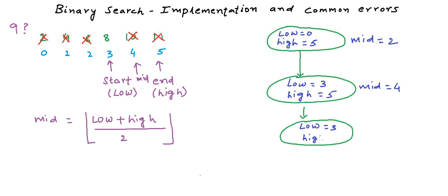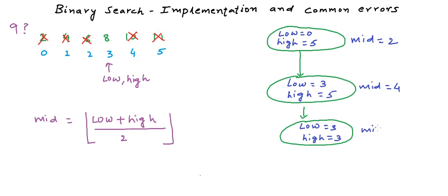Now 3 is both low and high, and the mid element of this range would also be 3 only. Now this mid element is also not equal to our desired number. Once we have only one element in our search space and we have still not found our desired element, our search is over and we could not find the element.